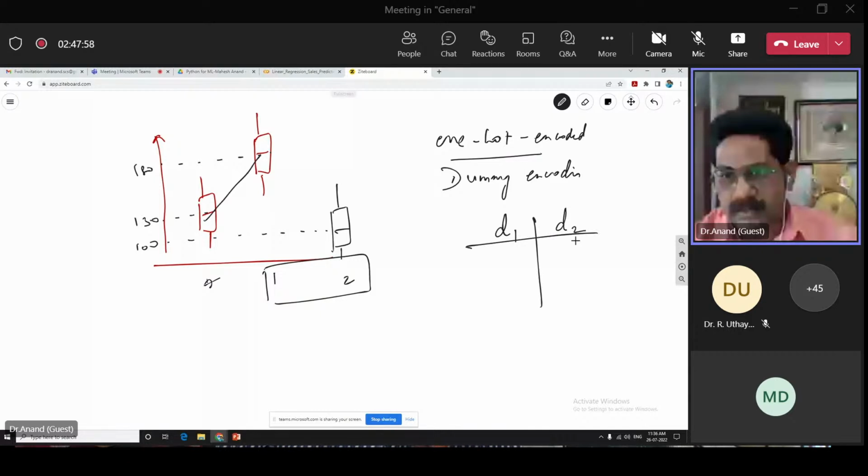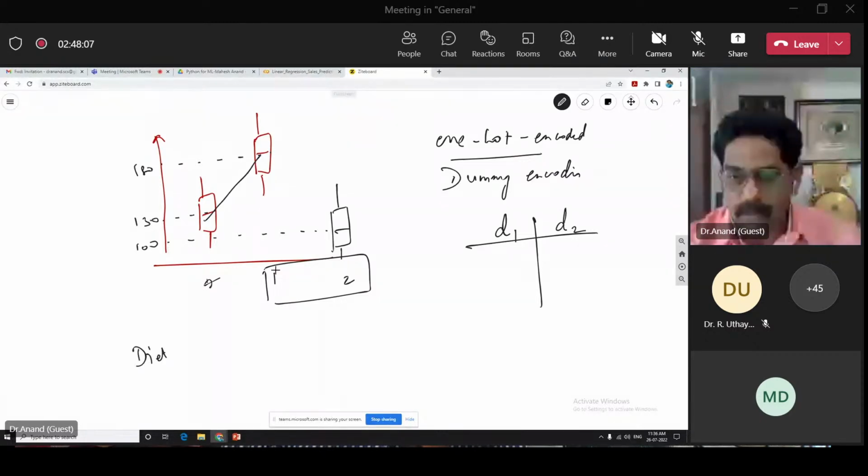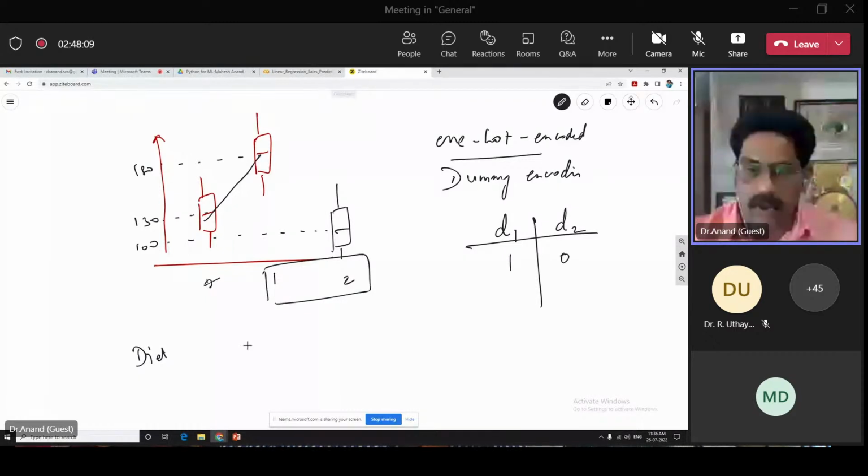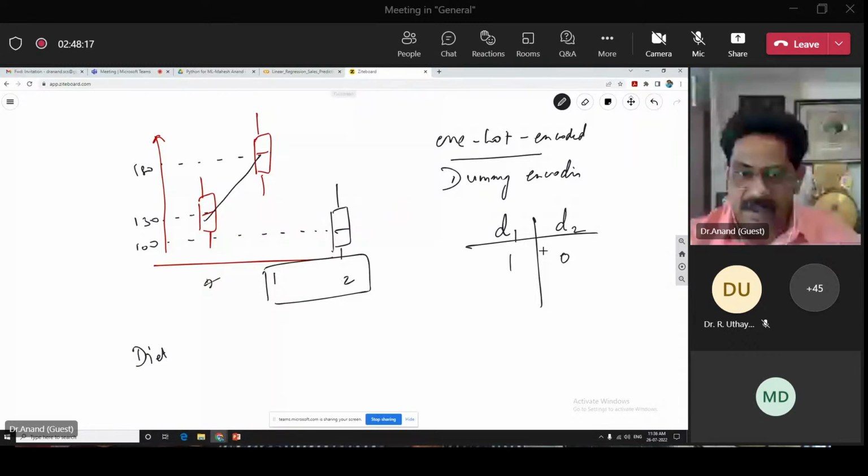Assume there are 3 diet plans. For a category 1 diet plan, I represent my record with 2 columns: number of categories minus 1. You have 3 categories, so 3 minus 1 dummy encodings. If I have 4 categories, 4 minus 1, 3 columns I should set. Diet plan 2 is represented as absence of diet plan 1, presence of diet plan 2.